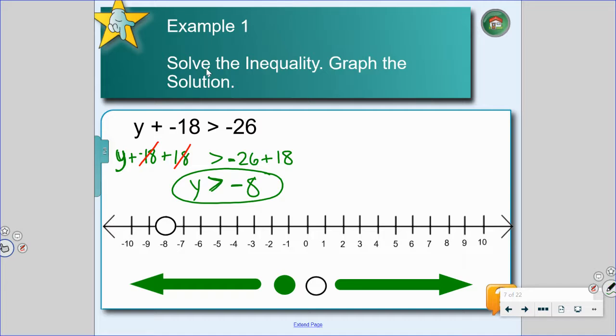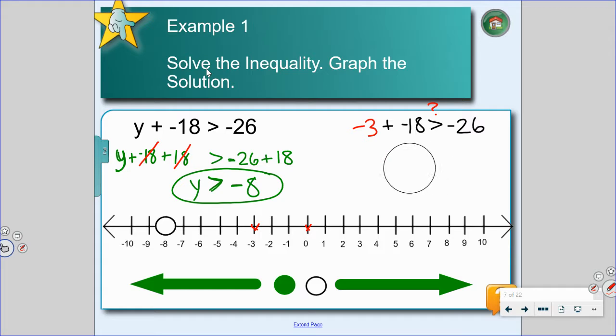So if I were to rewrite this inequality, let's take a number and put it in, and let's just see. 0 plus -18 is -18. True or false? Well, -18 is not greater than -26. That's a false statement. Let's try -3, shall we? -3 plus -18, -21. Is -21 greater than -26? No, that's a false statement as well.